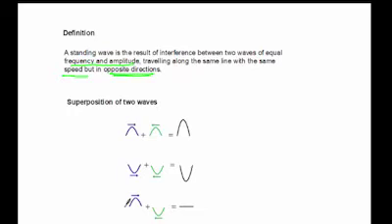That is, if the two waves arrive in phase, and what is in phase? We mean that the crest of one wave arrives at the same time as the crest of the other wave, or the trough of one wave meets the trough of the other wave at the same time, then a constructive interference will occur.